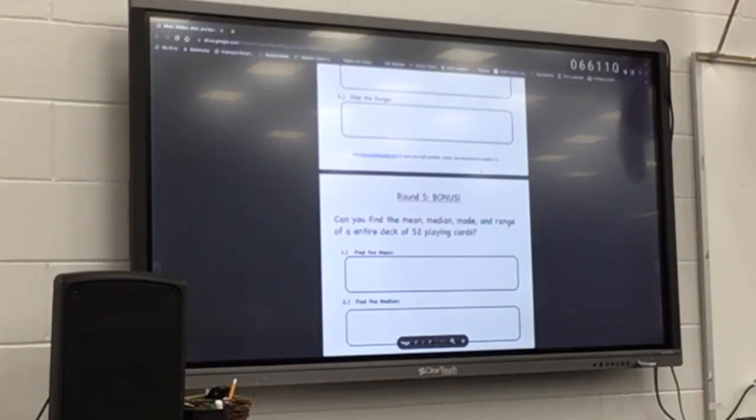Is there anybody who did not get a set of papers? Here, use this chair so you can all.